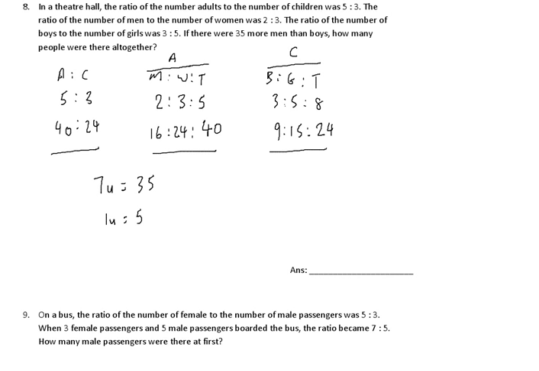Isabel, how to get 64 units? 40 plus 24, okay? Because this will give you the total number of units for the people altogether, right? Correct? So I'm looking at 64 units. 64 multiplied by 5 will give you 320.